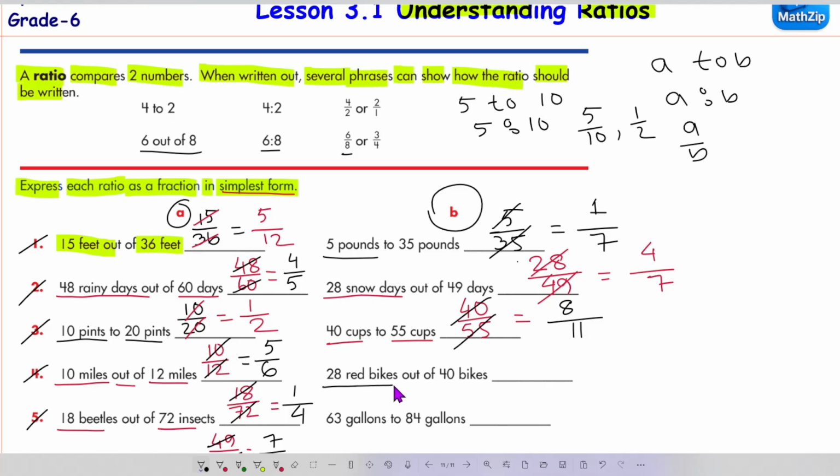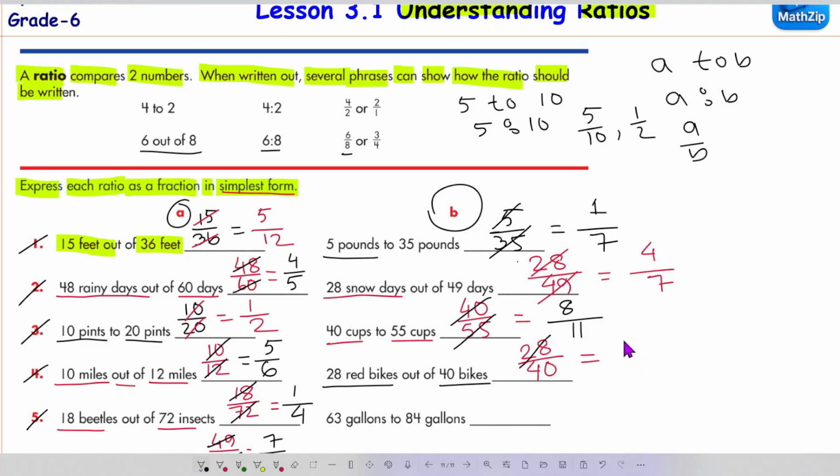28 red bikes out of 40 bikes. So 28 by 40. Here is 28 by 40, so we can divide by 4.